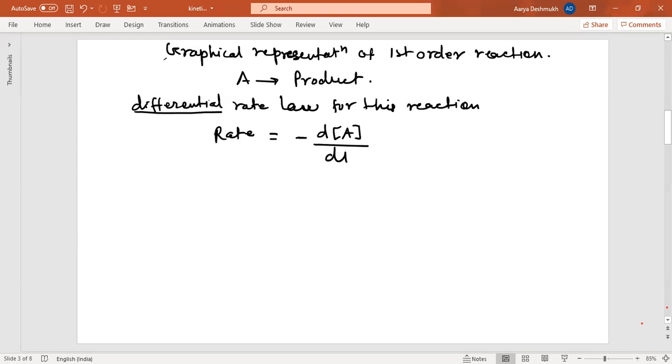That is dt, means we are applying a differentiation. So this is equal to K concentration of A at time t plus 0. Okay, now this equation is of the form y equal to mx plus c. So we are applying here the straight line equation.